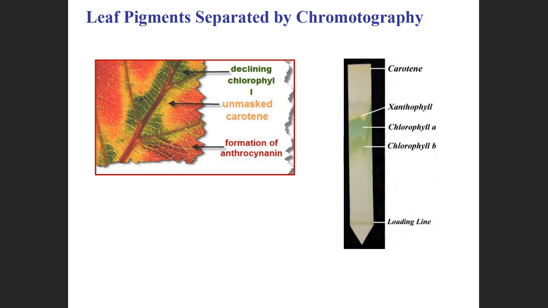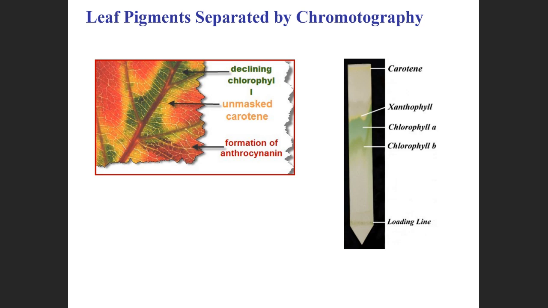Mostly we focus on the two types of chlorophyll, A and B. And then one group of accessory pigments are the xanthophylls, and the other group are the carotenes, also known as carotenoids. And one of the labs that we'll talk about tomorrow involves separating these pigments.